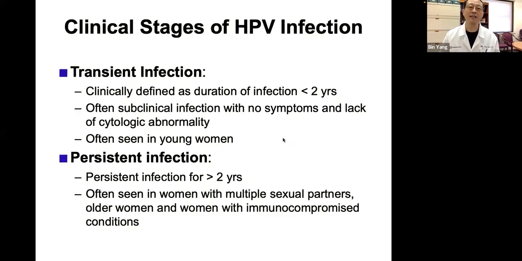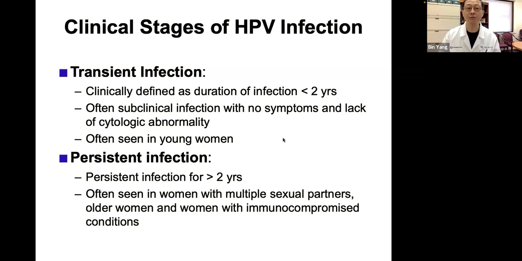So for HPV infection, we look at it from 2 different angles. Clinically, we divide it into transient infection and persistent infection. This is kind of arbitrary. In most consensus in the literature, we define persistence as 2 years of continuous HPV infection.